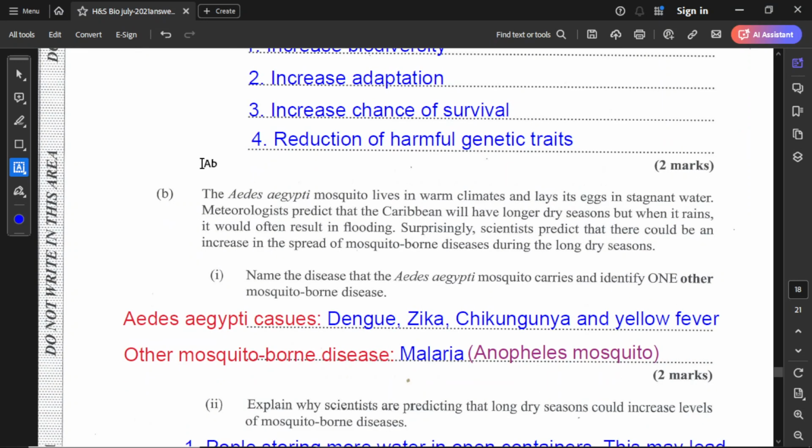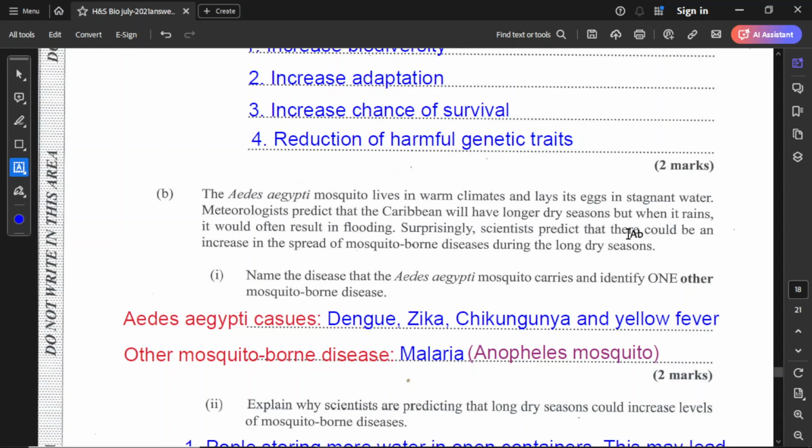Part B says that the Aedes aegypti mosquito lives in warm climates and lays eggs in stagnant water. We have here that meteorologists predict that the Caribbean will have longer dry seasons, but when it rains, it would often result in flooding.